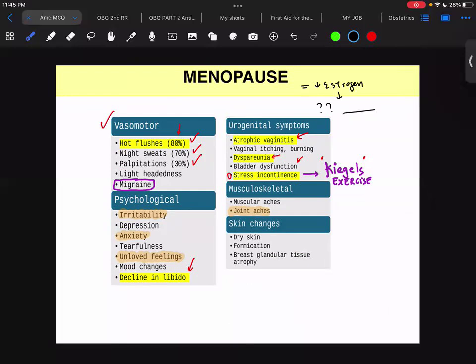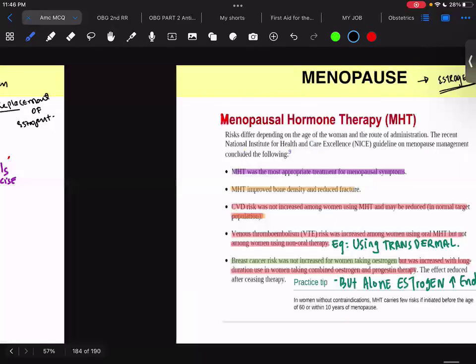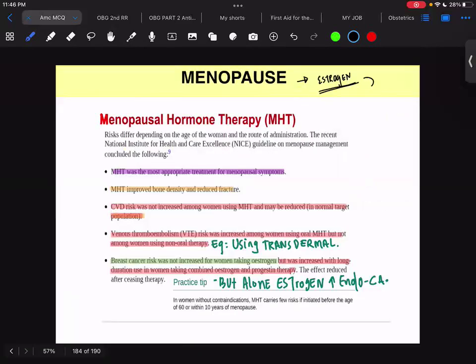Treatment is replacement of estrogen, right? Therefore, we go for menopausal hormonal therapy, which includes estrogen basically, and based on the uterus status, we can add progesterone with estrogen. Why do we add progesterone with estrogen?